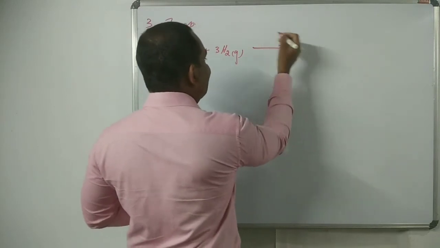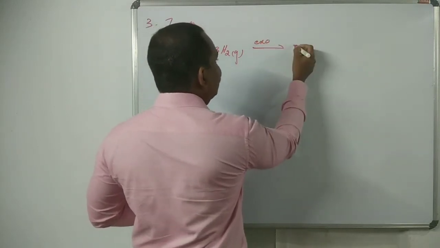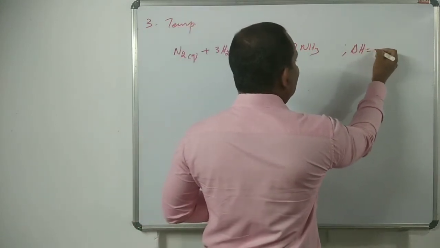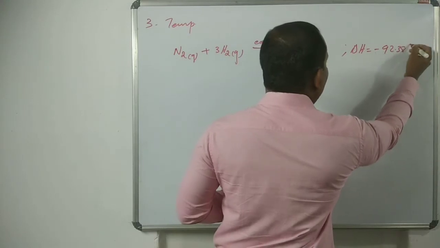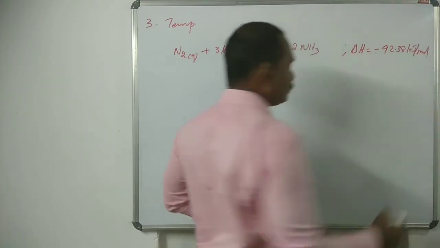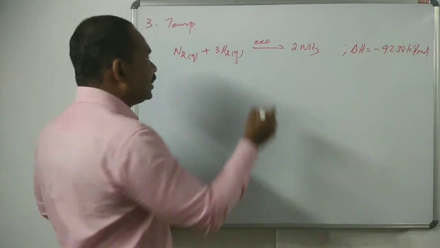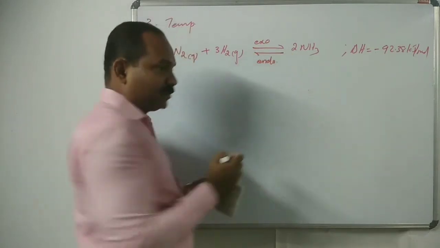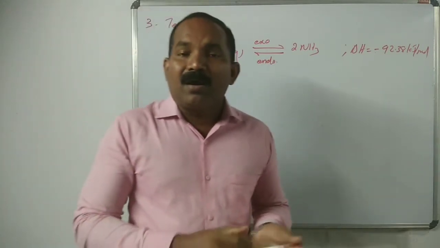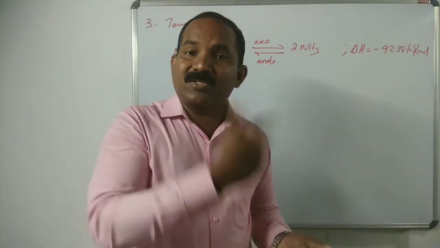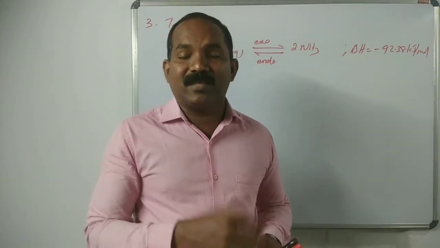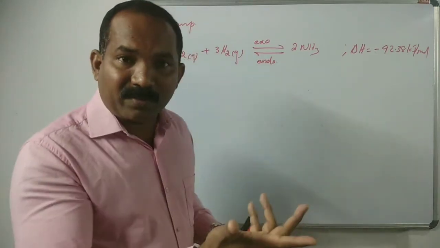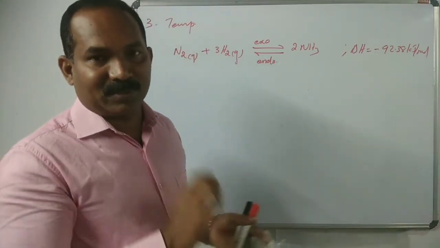The forward reaction is exothermic, because delta H is equal to minus 92.38 kilojoule per mole. And you understand that the reverse reaction is endothermic. So for a reaction, if one direction is exothermic, the reverse reaction is endothermic. And in another case, if the forward reaction is endothermic, the backward reaction is exothermic.